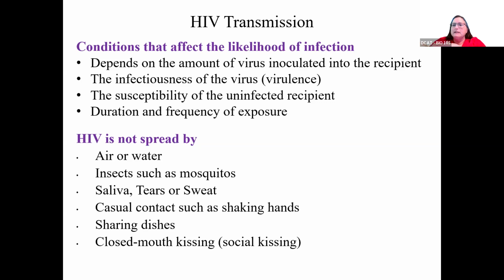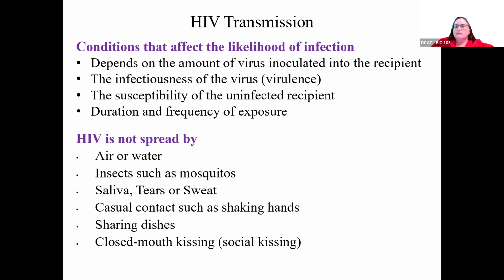So if you're having unprotected sex with someone who has HIV, it's going to depend on where they are within those HIV stages. If they're in that beginning stage when the HIV viral load is really high, or if they're at the stage of AIDS when it's really high, then you're more likely to get infected. If they're in that chronic stage, you can still get infected, but there's a possibility that you necessarily won't because the viral load is not as high.